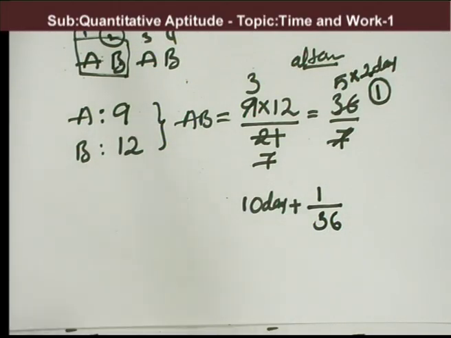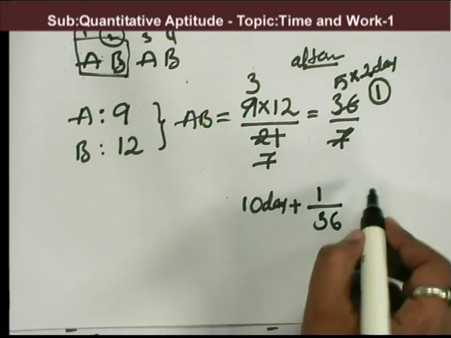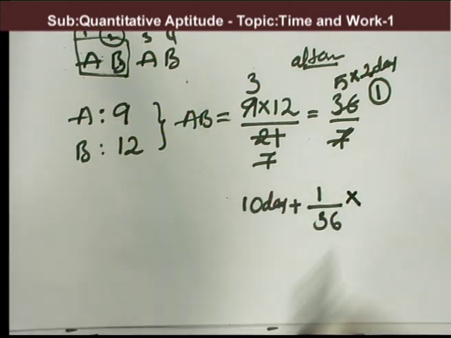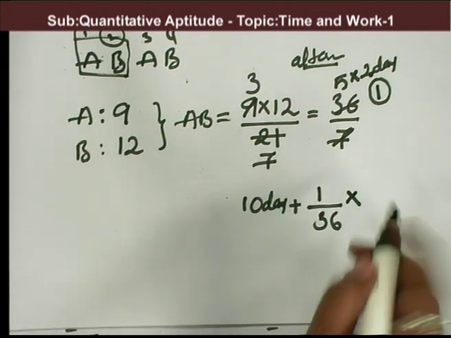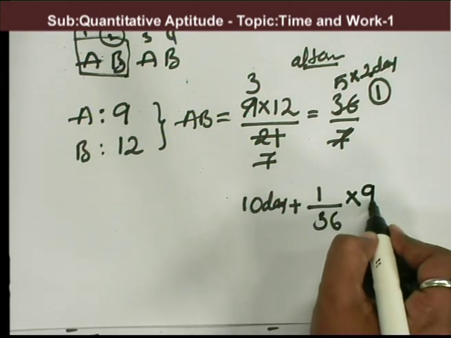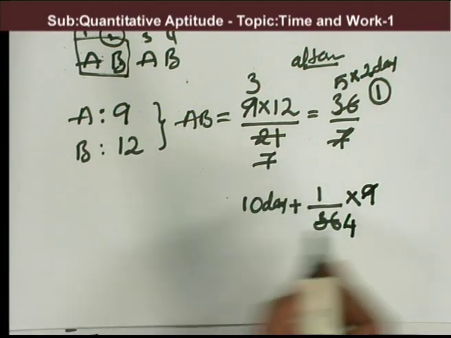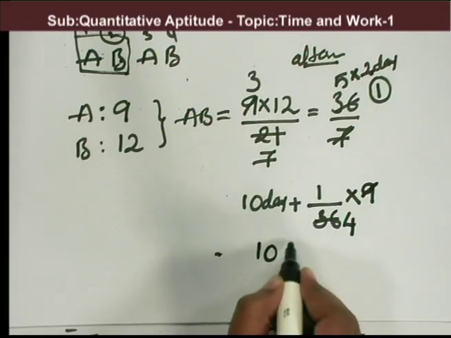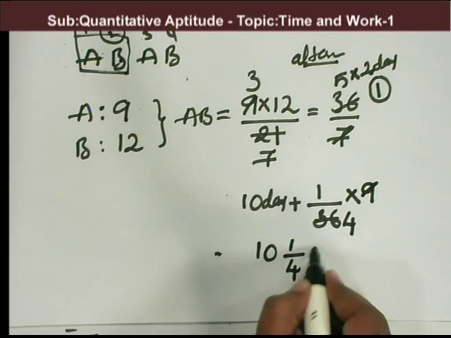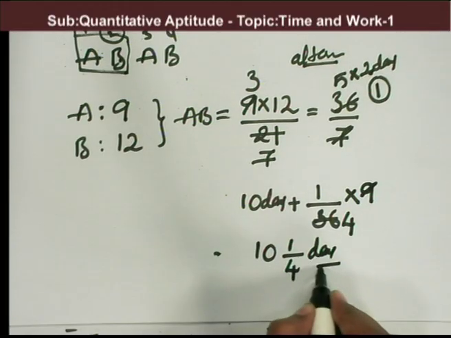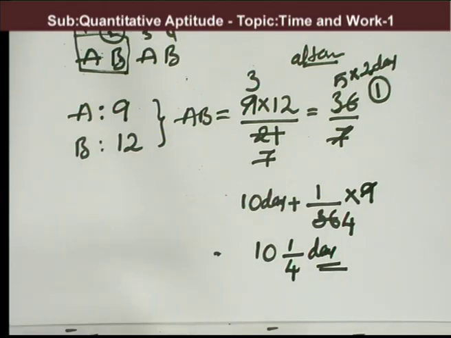So in 10 days, A, B, A, B, 5 2s of days are completed. On the next day, the 11th day, A starts the work for the 1 by 36 of work. A's value is 9, that is 9 4s are 36, so the value is 10 1 by 4 days. That is the answer.